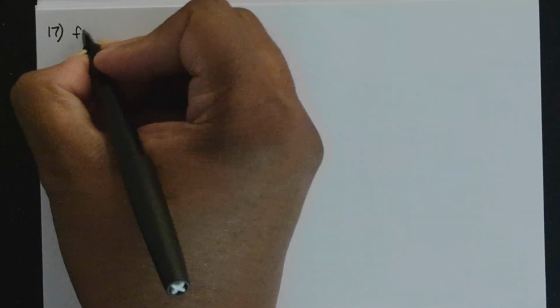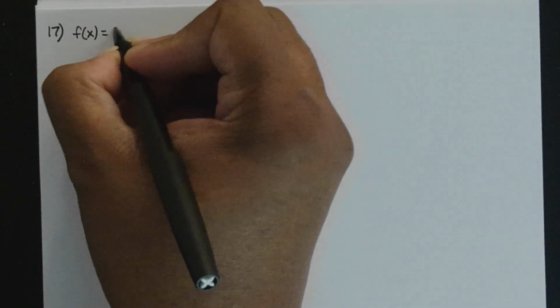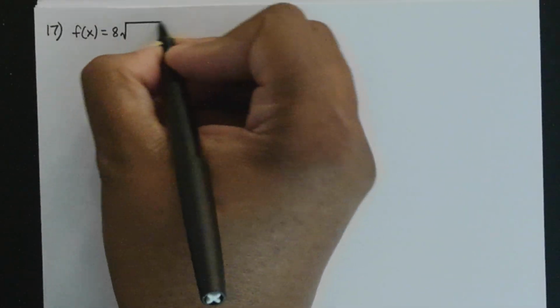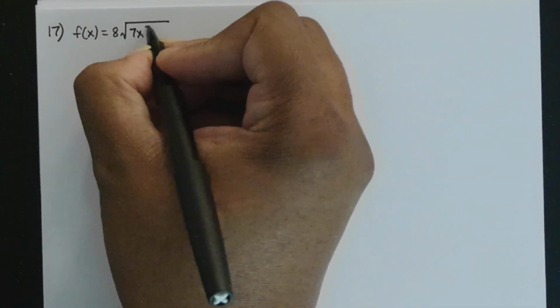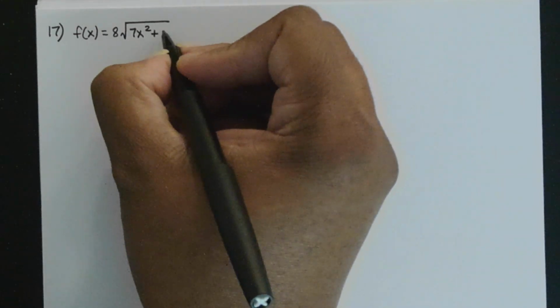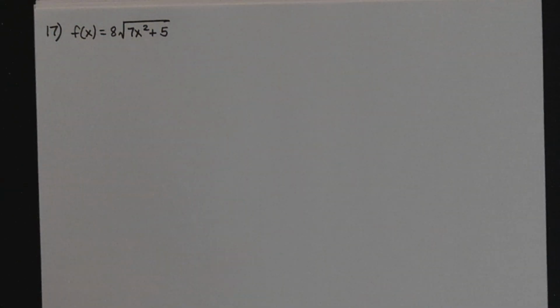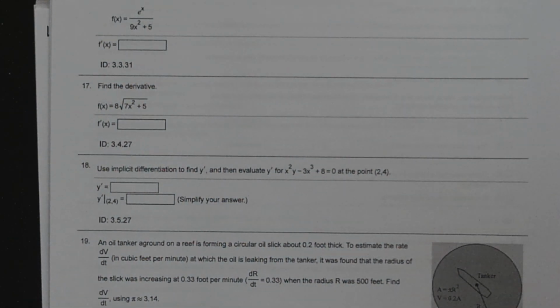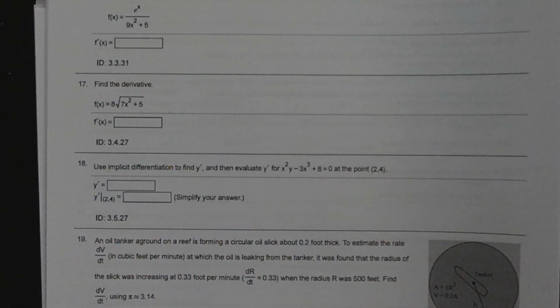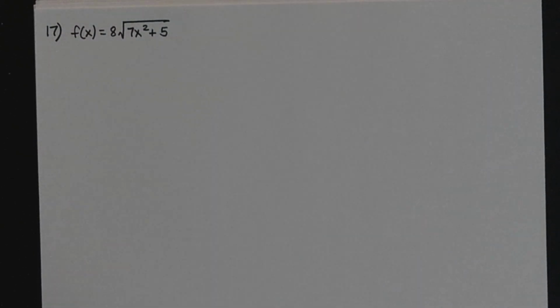Let's say we got f of x is equal to 8 times the square root of 7x squared plus 5. And we're going to find f prime of x here. And I believe with this one we have to use the chain rule.